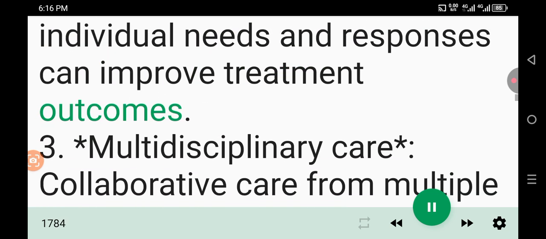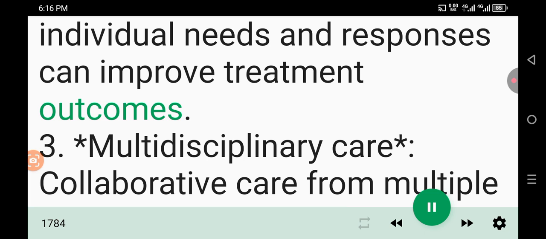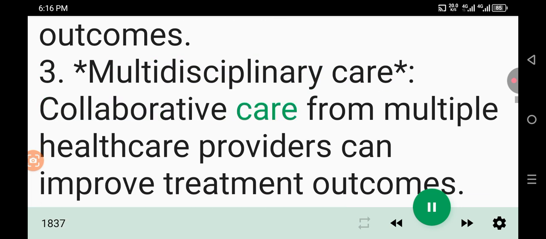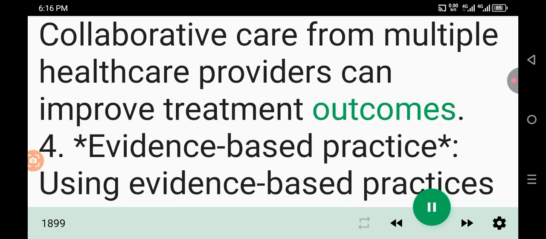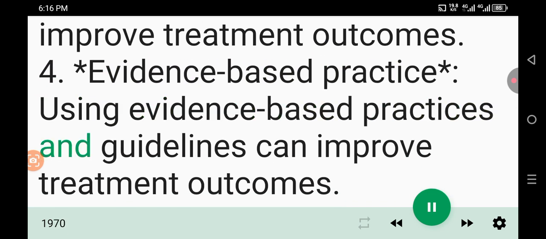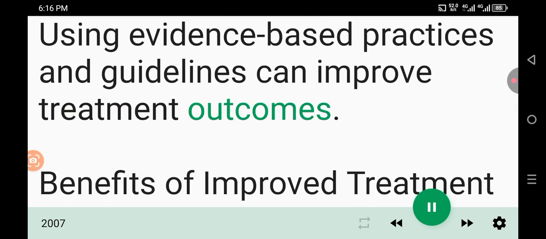Tailoring treatment plans to individual needs and responses can improve treatment outcomes. 3. Multidisciplinary care. Collaborative care from multiple healthcare providers can improve treatment outcomes. 4. Evidence-based practice. Using evidence-based practices and guidelines can improve treatment outcomes.